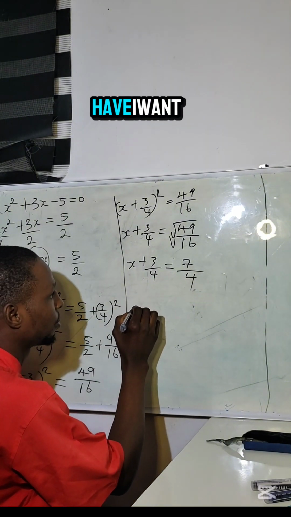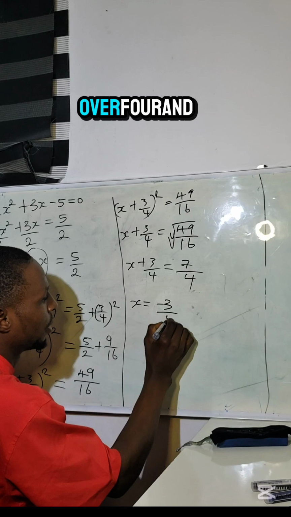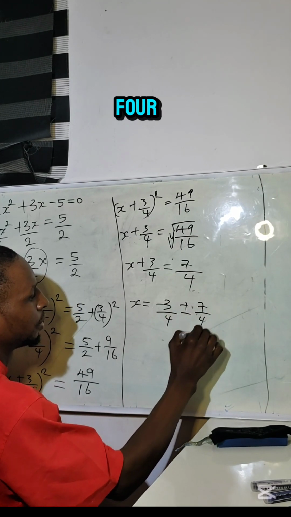So I'm going to transfer this to this side. I'm going to have minus 3 over 4 plus or minus 7 over 4.